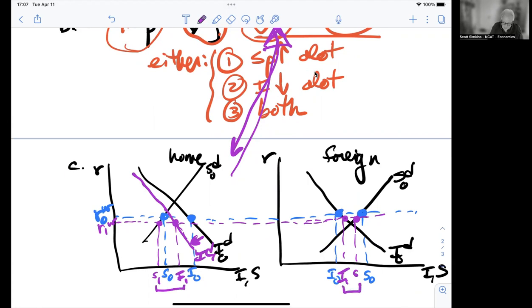You'll see that the difference here, right? While those are equal, the current account deficit has gone down while national saving, right? Private saving plus government saving has gone down. Okay.